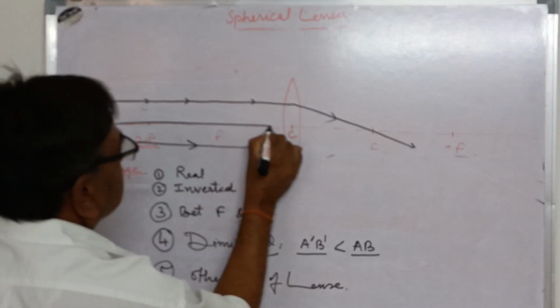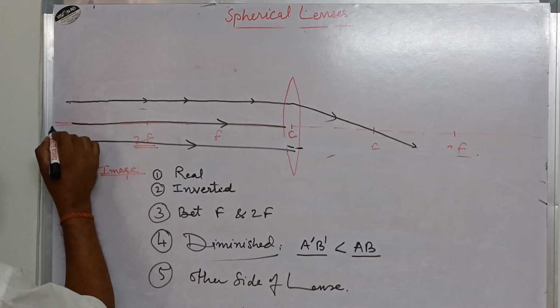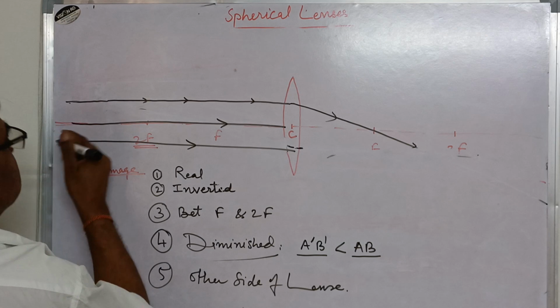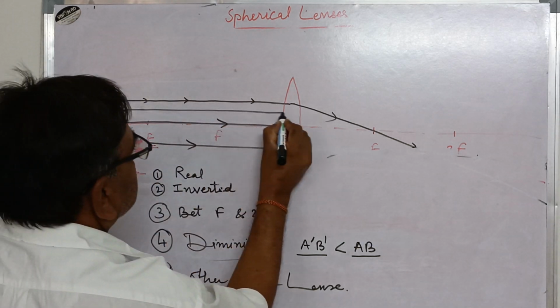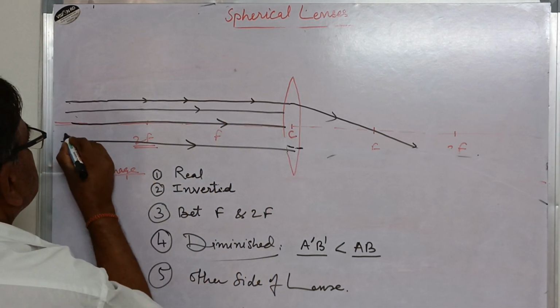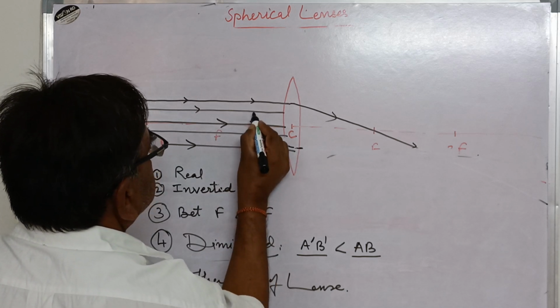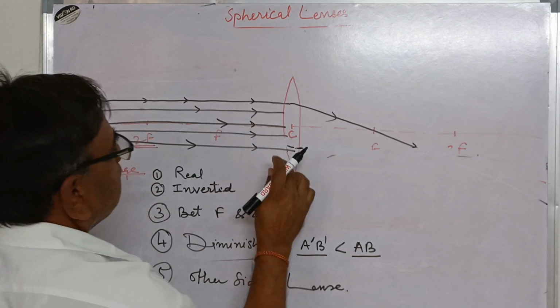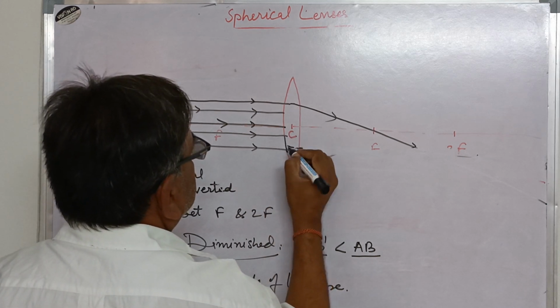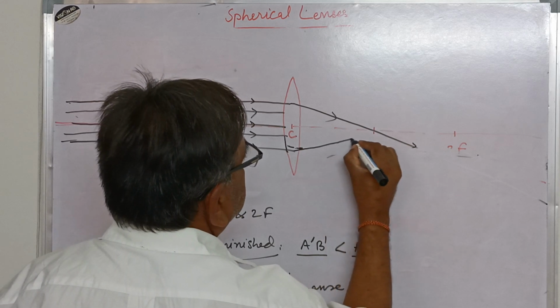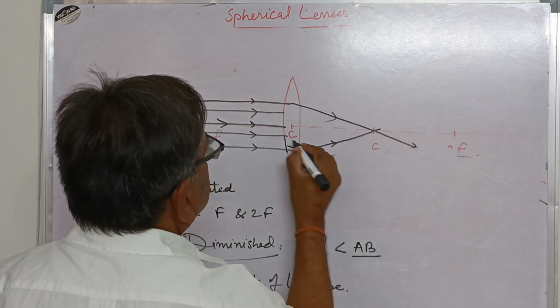This is also a ray. This is also a ray. So these rays falling on this lens will converge and meet at this point.